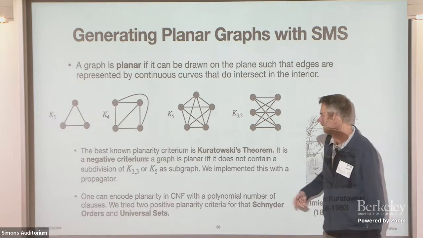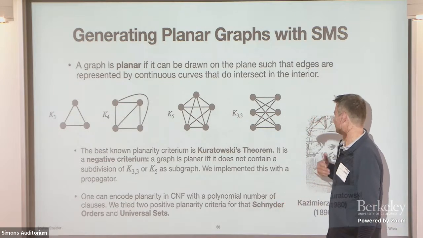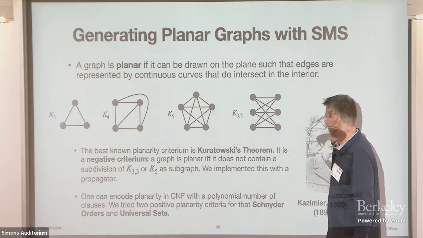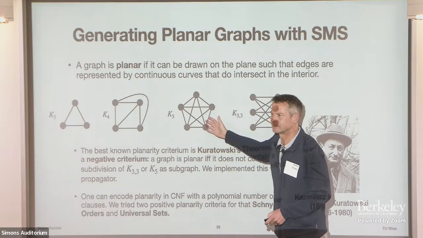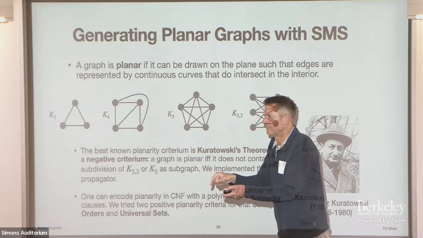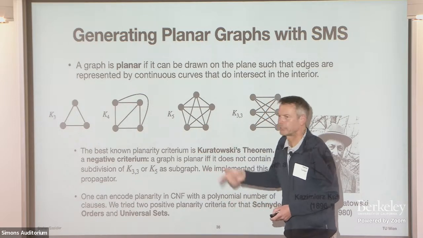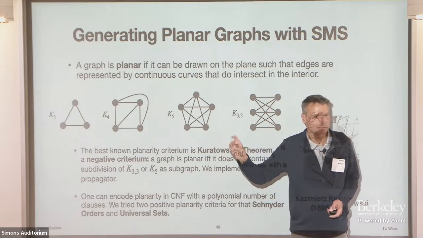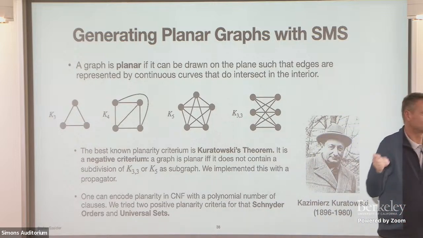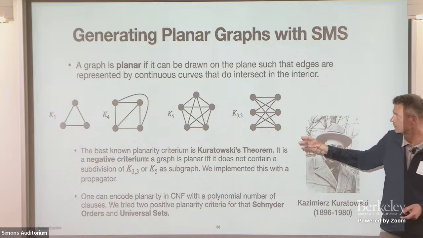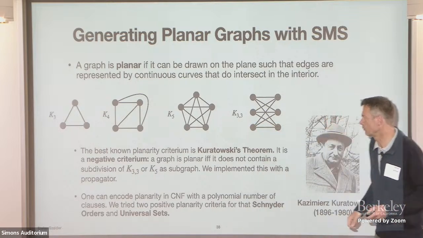Now we implemented this with another propagator. The non-existence of these subgraphs you can't encode with clauses, but we just ask externally: at the same time when we call the minimality check, we also call this external algorithm that looks for these topological minors.